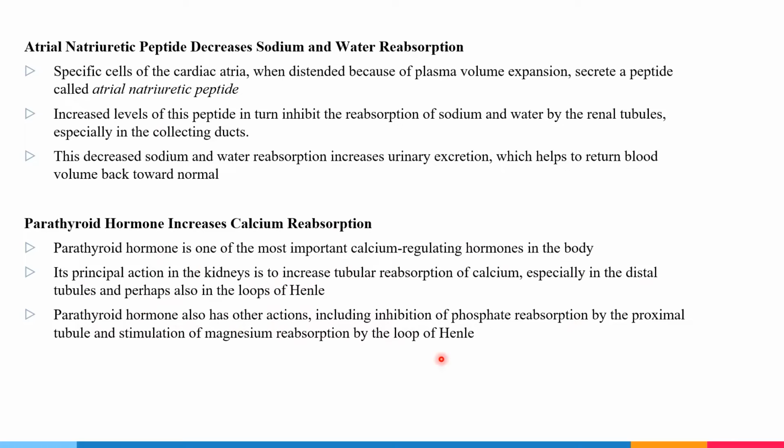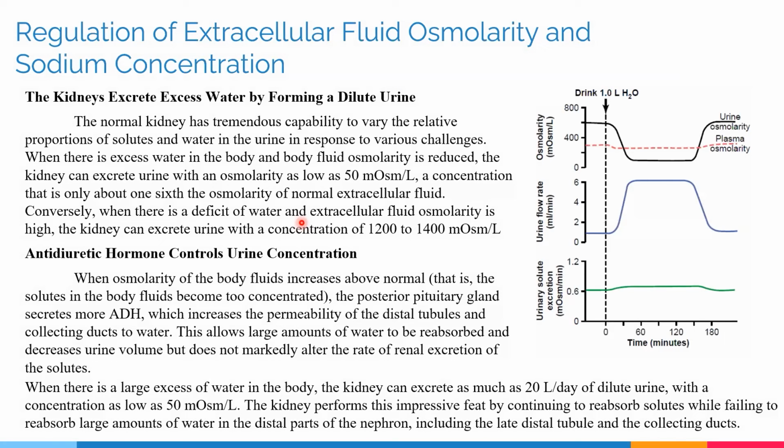So this was all about the hormonal control of reabsorption of various solutes. Next, we look into regulation of extracellular fluid osmolarity and sodium concentration by the kidneys as a whole. The kidneys excrete excess water by forming a dilute urine.